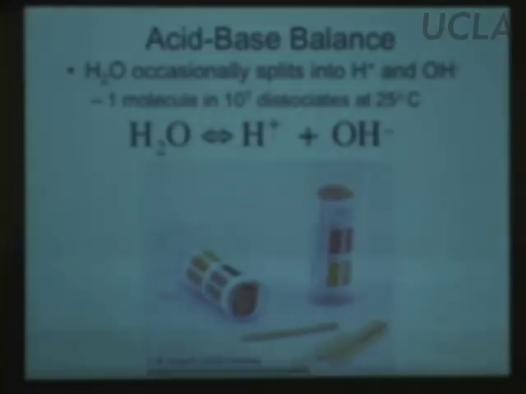This is unusual. At any given moment in a pot of water that would be sitting here, fresh water at room temperature, about 1 molecule in 10 million would be in a state where it's split up. Okay? So it's pretty uncommon. 1 in 10 to the minus 7.